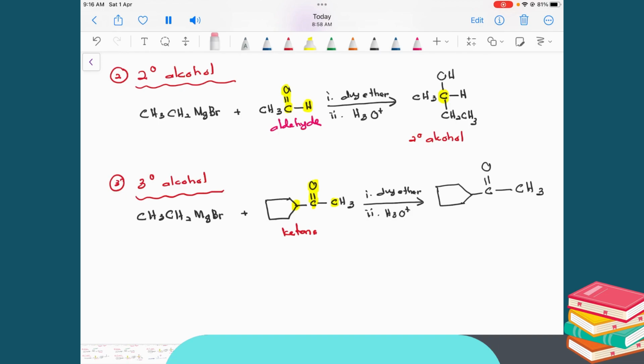We draw the ketone first, remove the double bond, replace it with OH, and bond it to the alkyl group from the Grignard. That carbon is bonded to another 3 carbons.